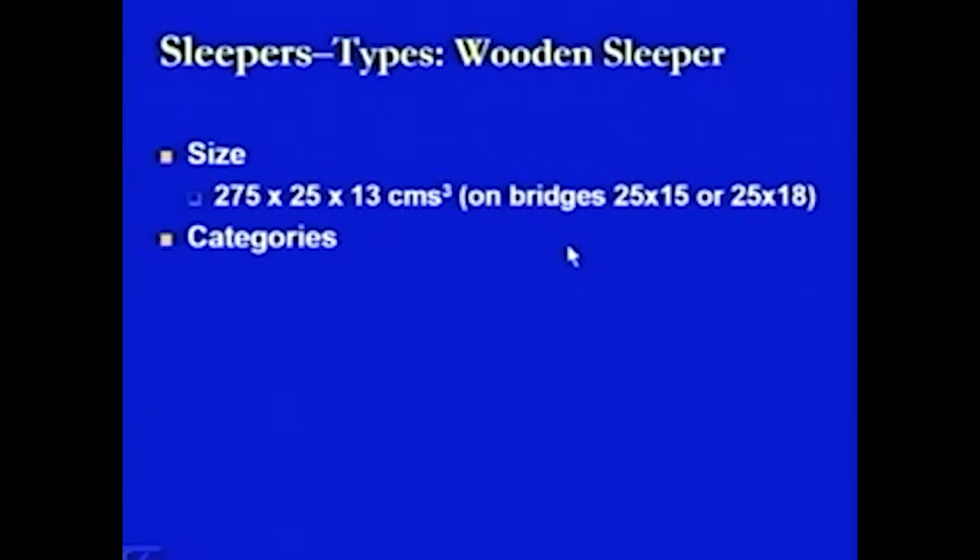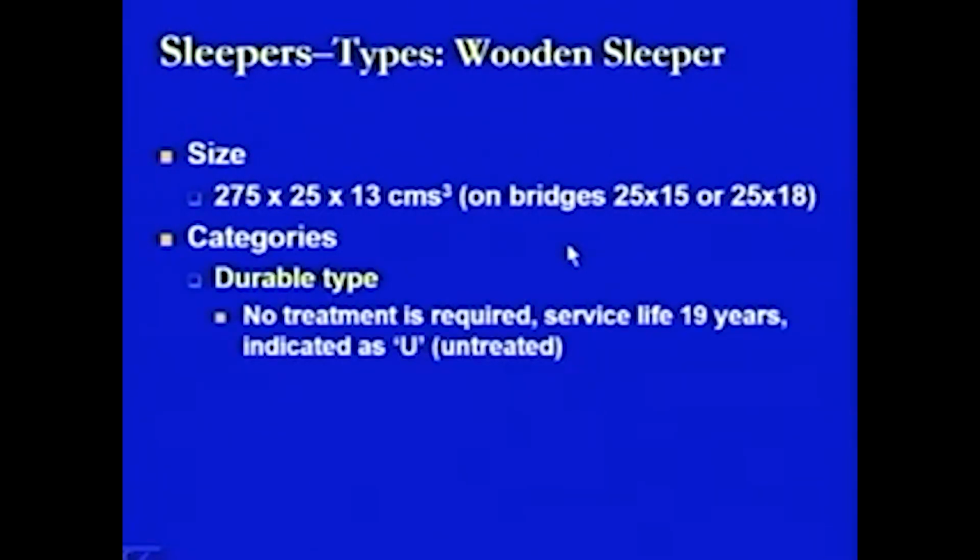Then there are some categories of wooden sleepers based on the type of treatment to be provided or not provided. There are durable type wooden sleepers. These wooden sleepers do not require any treatment, and they have a little higher service life as compared to the other types of sleepers, and they are designated as U type wooden sleepers.